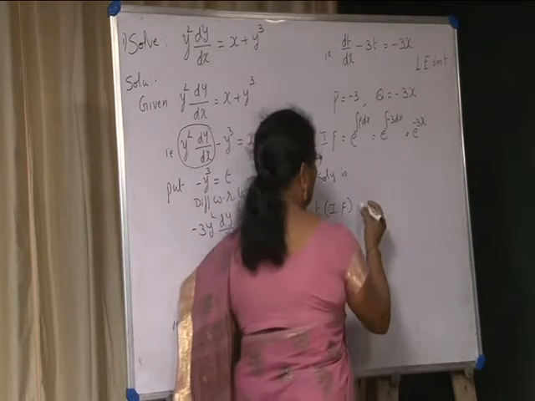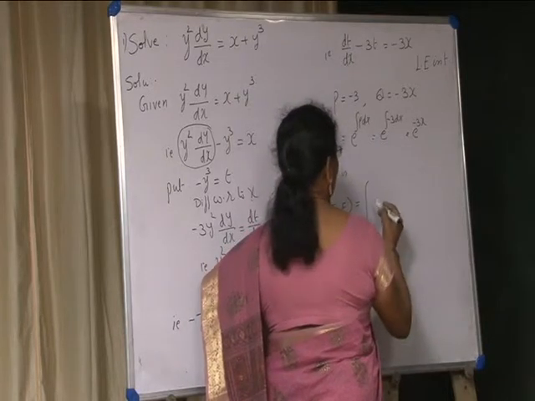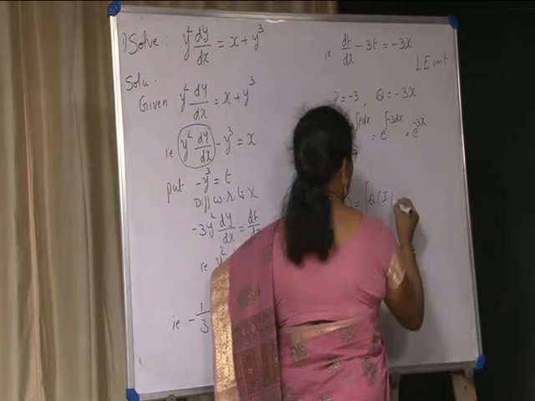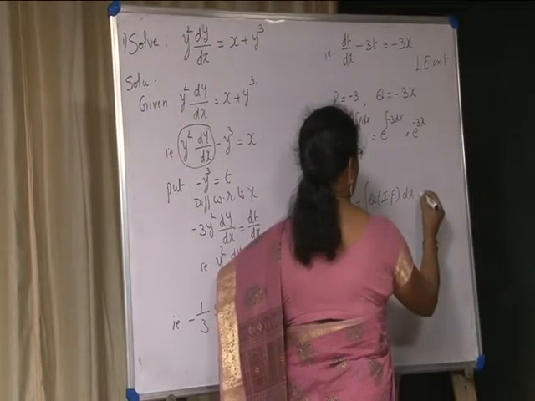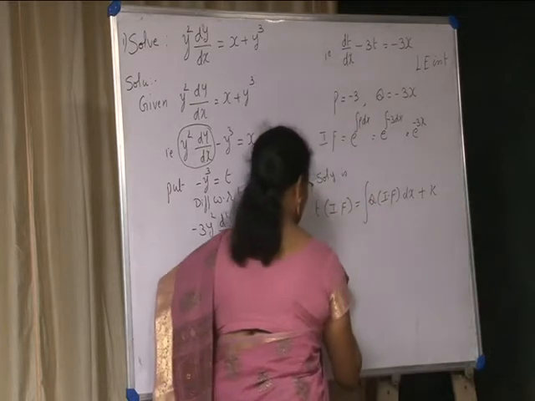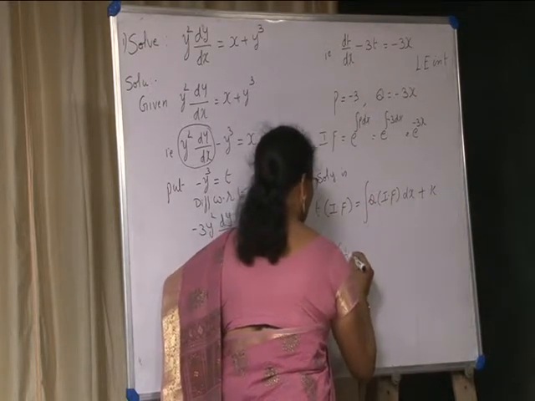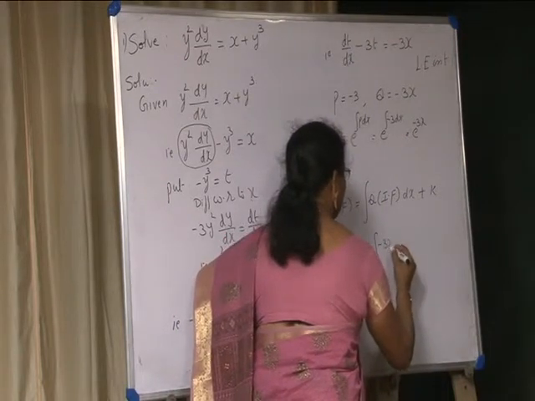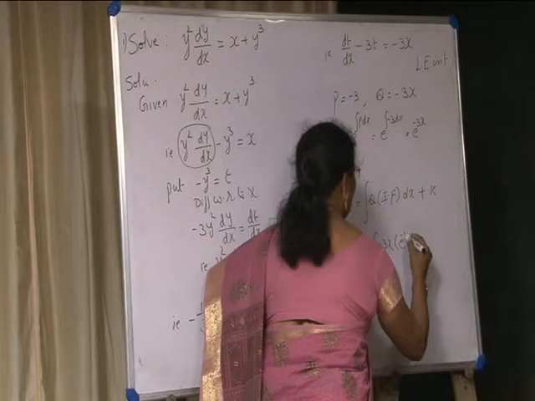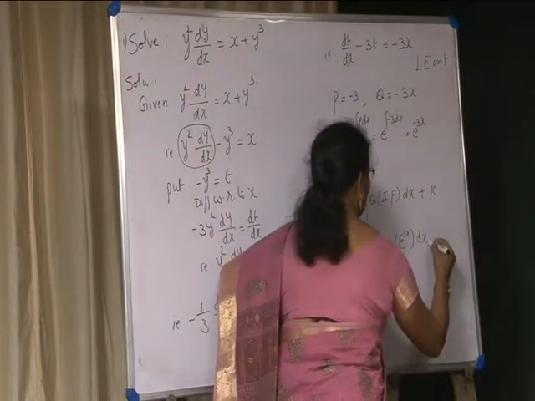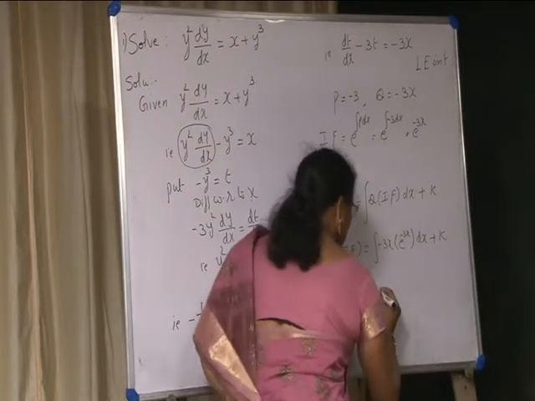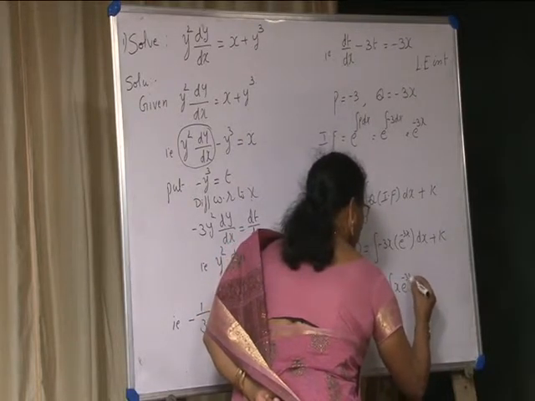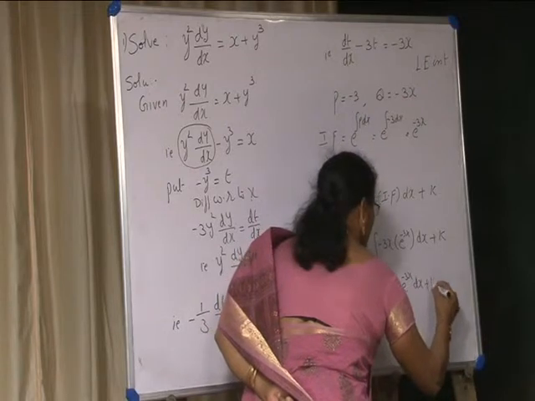T into integral factor is equal to integration of q into integral factor with respect to x plus k. That is t into IF equals integral of minus 3x into e to the power of minus 3x dx plus k, which is minus 3 times integral of x into e to the power of minus 3x dx plus k.